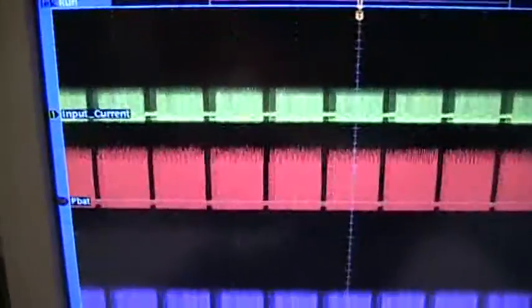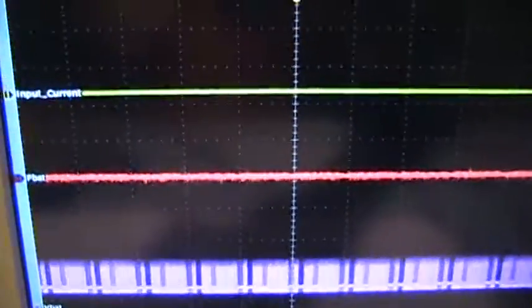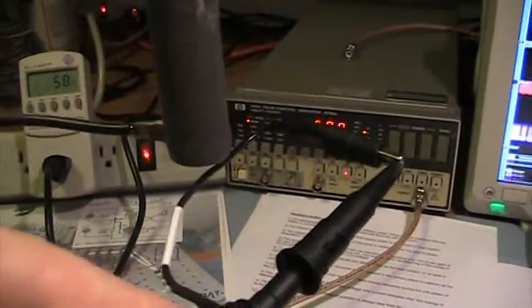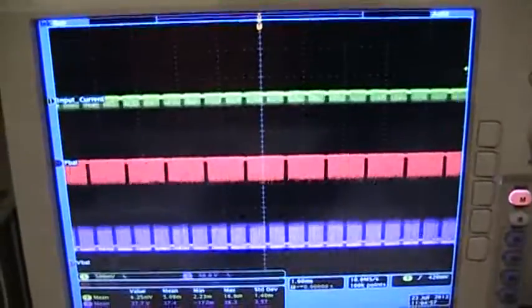Okay, and now I'm just going to slowly move the probe away, and you'll see how it falls off. Okay, we can place it under the load resistor itself, like that. And again, we have some pickup. Move it away, bring it closer.